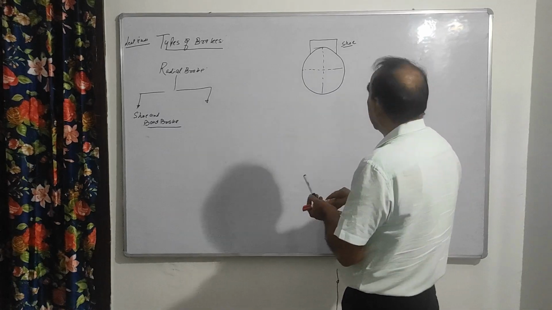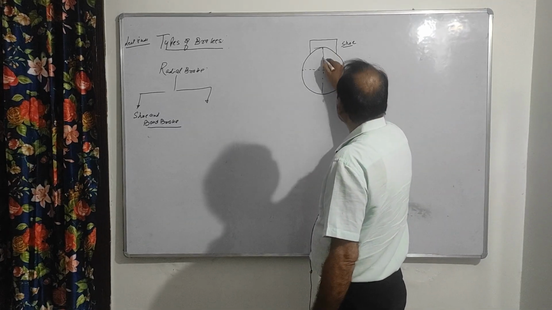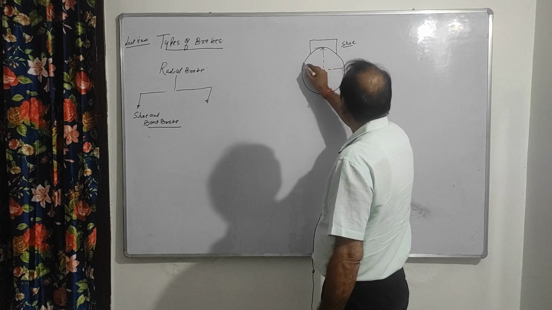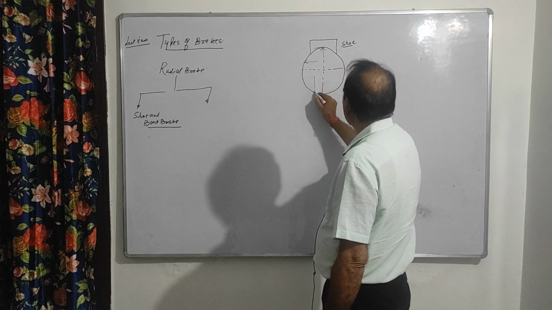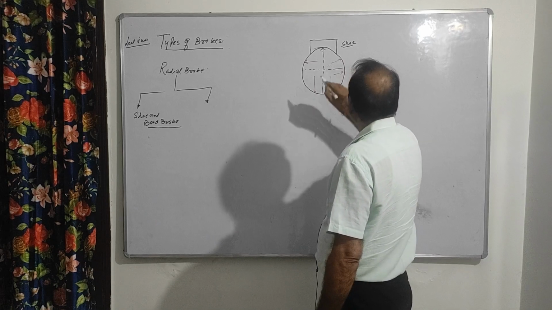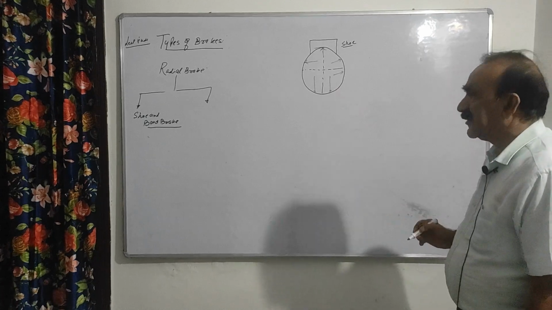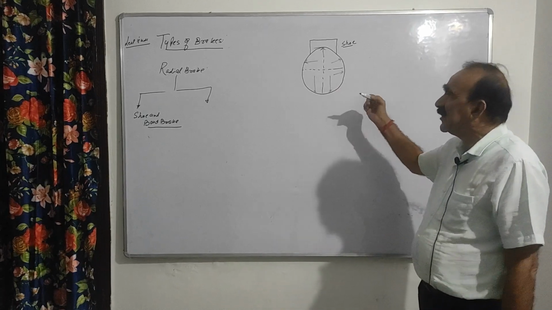When the pressure is acting like this, radially, these brakes are called shoe brakes, right? These brakes are called radial brake.